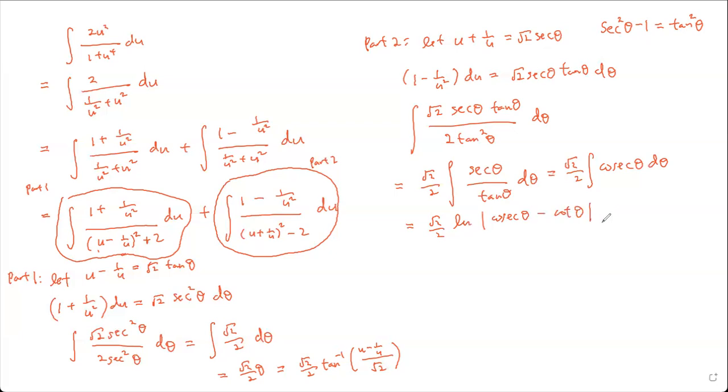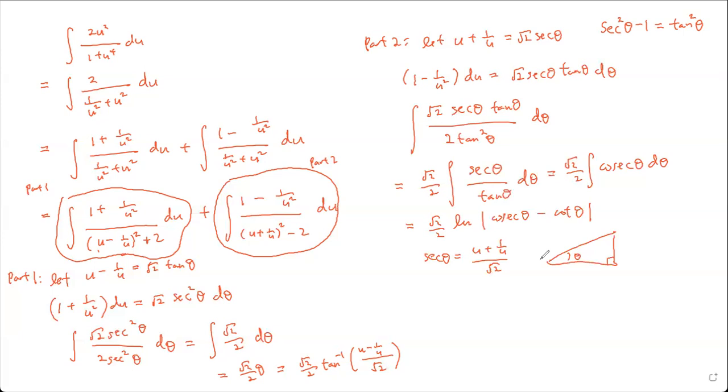Now I'm going to use the triangle to help me. For part 2, secant theta is u plus 1 over u divided by root 2. I'm going to draw a triangle. Let's say this is theta.